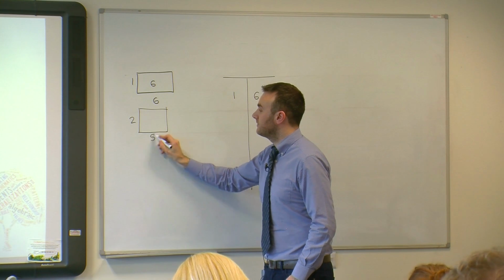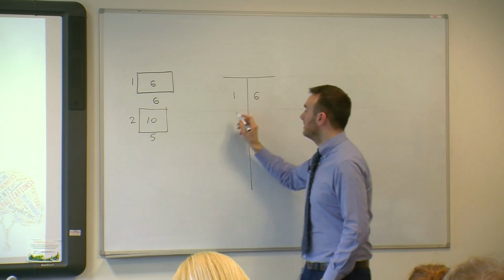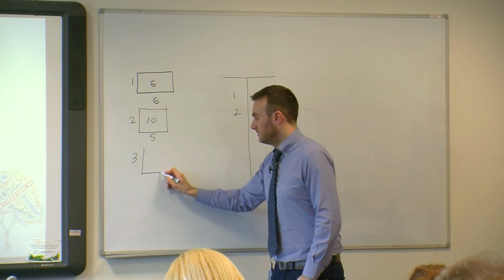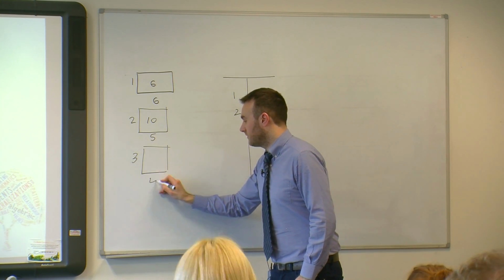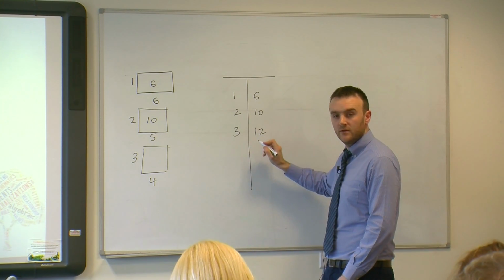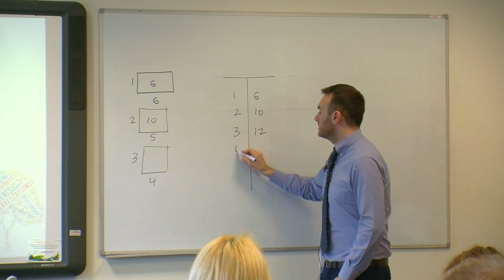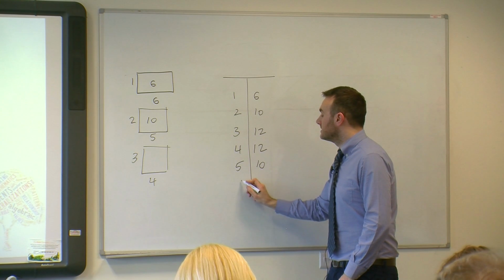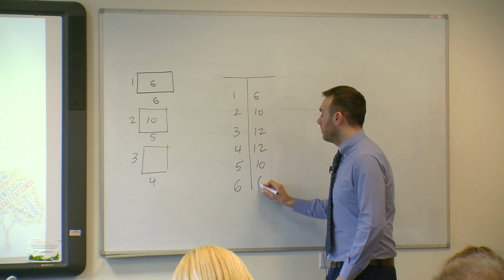That's going to be 5, so area is 10. That's 2 and 10. Side length 3, let's say, I'm just drawing these roughly now, 3 by 4. So area is 12. 4? You've that done. 4 is the same as 3. 5 is the same as 2.